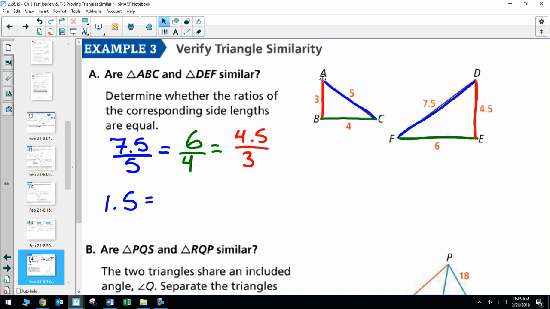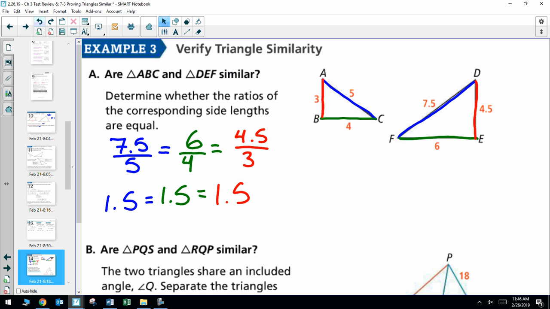If you divide 6 by 4, you would get 1.5. What do you think happens if you divide 4.5 by 3? You get 1.5. So the scale factor for all three sides is the same.